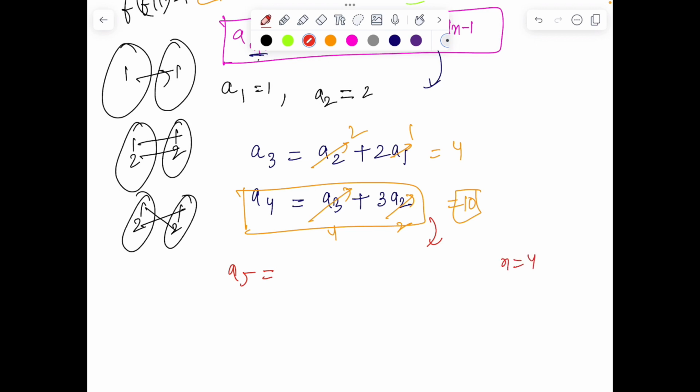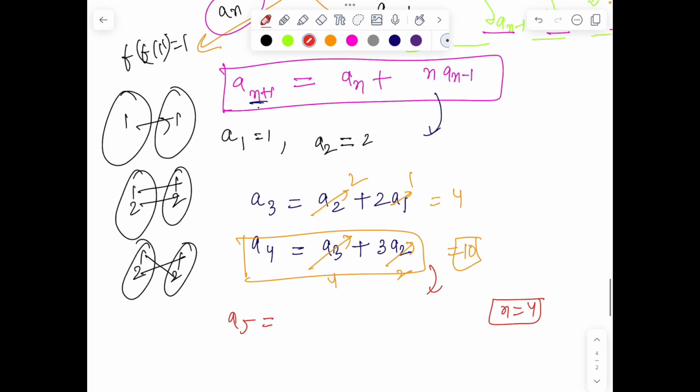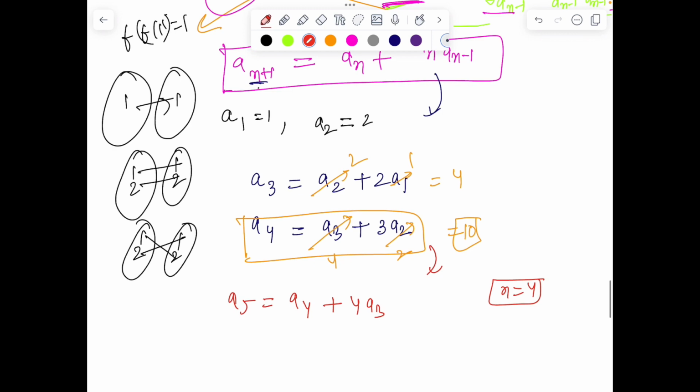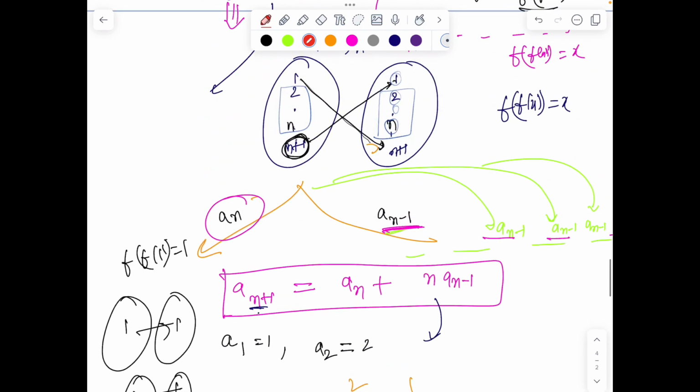Now the beauty of this recurrence is I can find even the next generation. Let's say a5. a5 is obtained by putting n equals 4 in that recurrence, so that gives a4 plus 4 times a3. Now a4 is 10, a3 is 4, so that will give 26. So using this recurrence you can find any values.